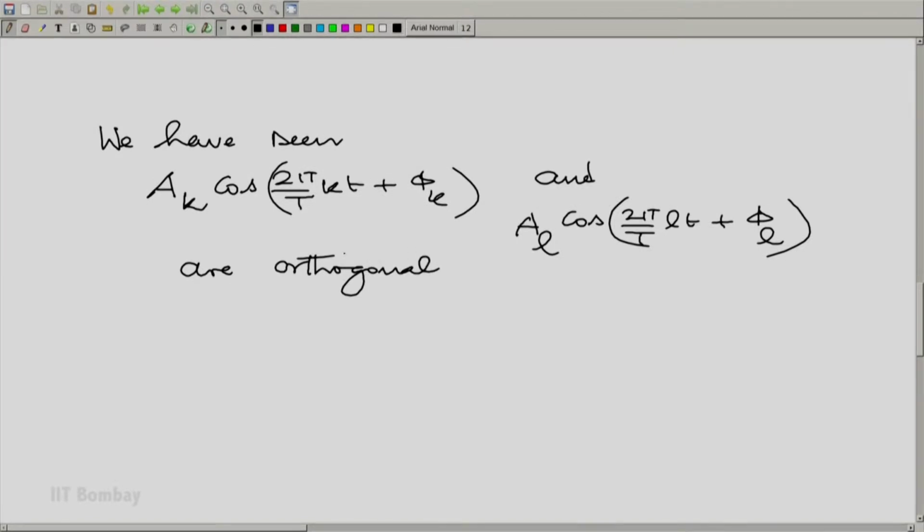Now, for example, suppose I took 3-dimensional space and I had an orthogonal set of vectors in 3-dimensional space. I wish to find the decomposition of an arbitrary 3-dimensional vector into the individual components in these 3 directions. What would I do?